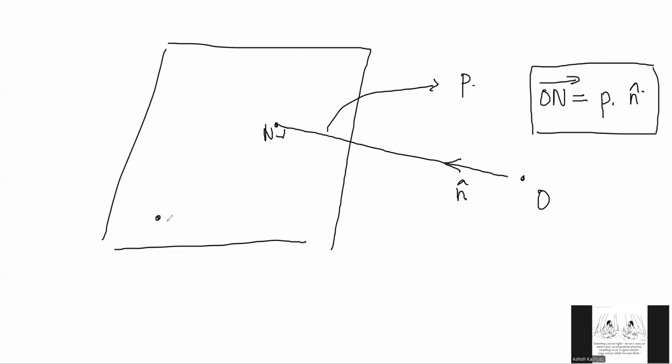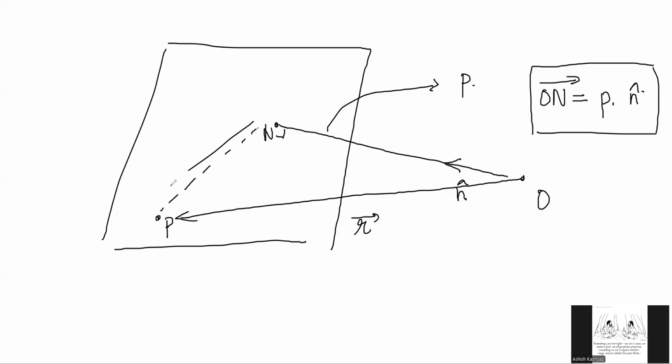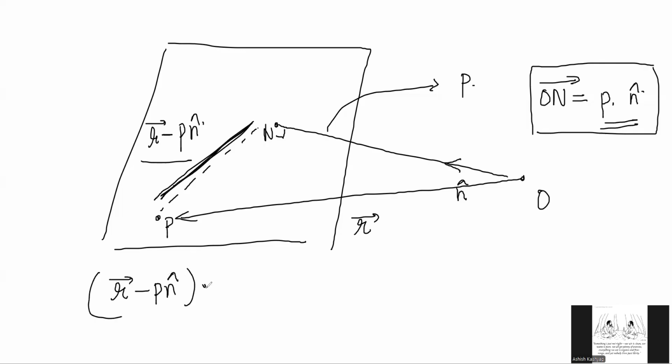And then a variable point P on the plane, this point P is having position vector r. So this vector NP would be r minus p n hat, right? And we can say that this vector is in the plane, so it will be perpendicular to this vector. So we can say (r minus p n hat) dot product with p n hat should be 0.